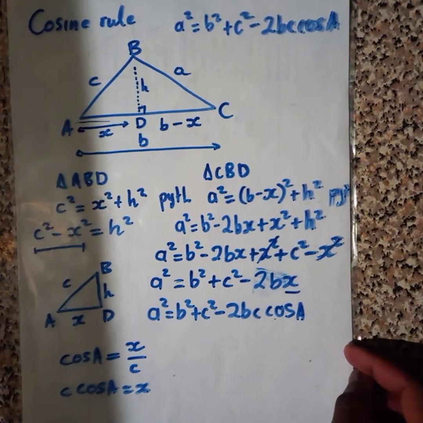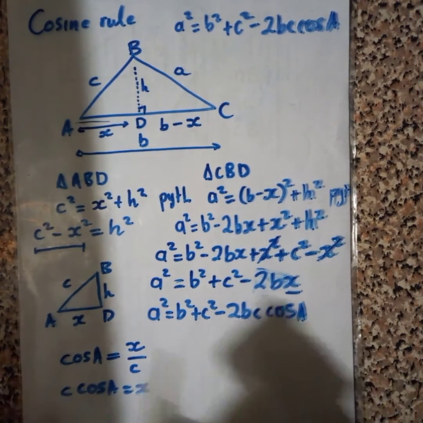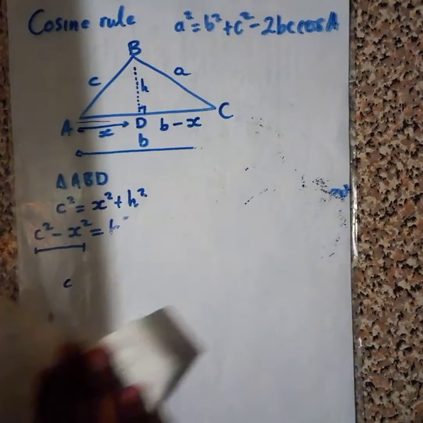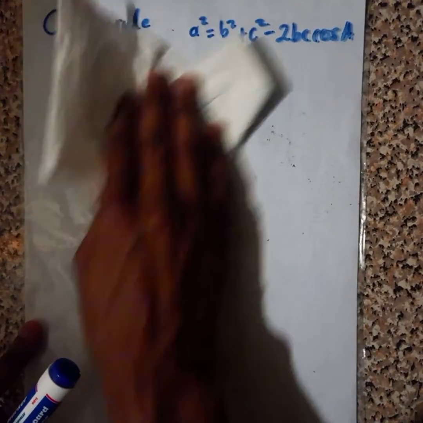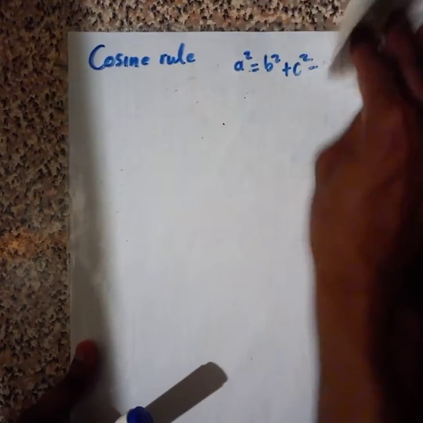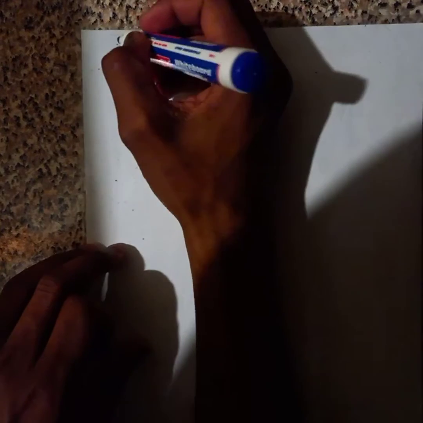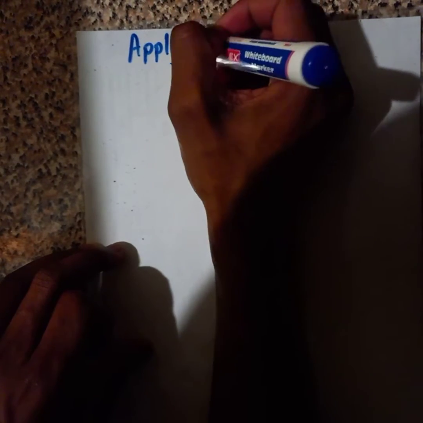Then when do we use the cosine rule? Let us do some application. When do we use this formula? So simple. When do we apply the cosine rule?